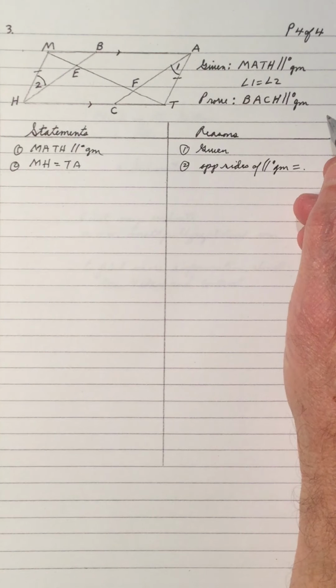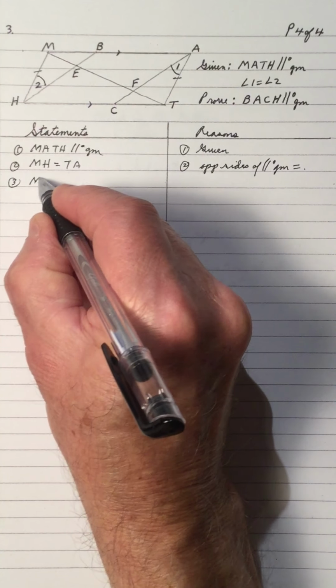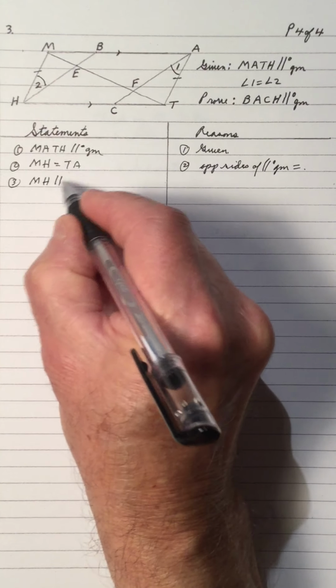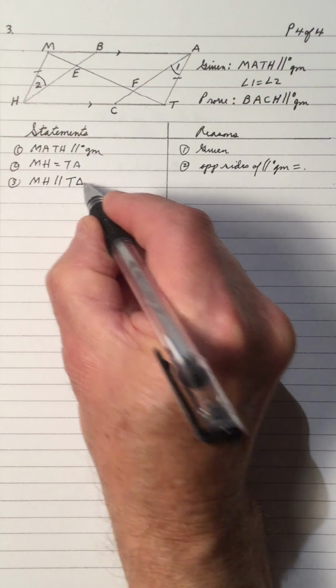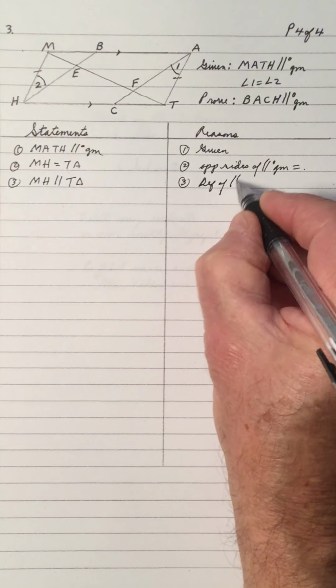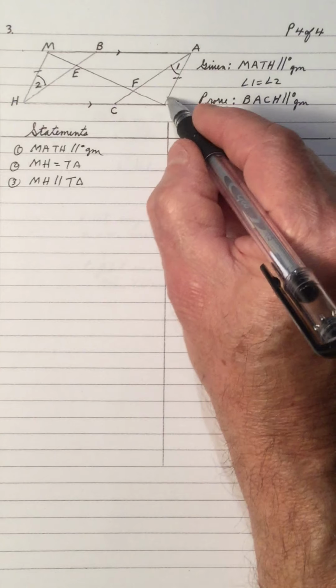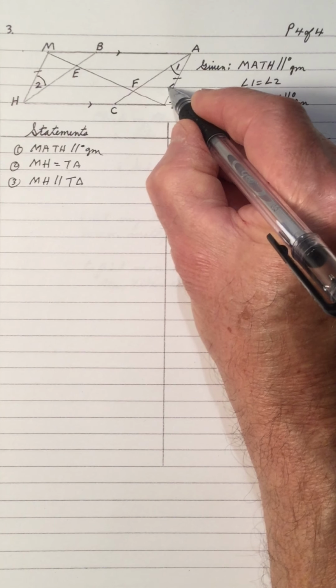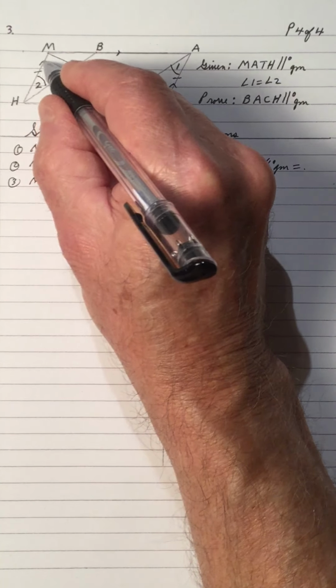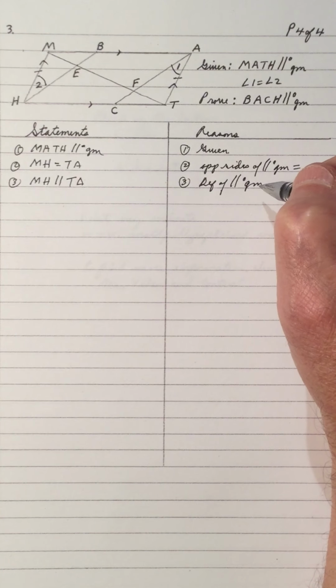Now I also have, based on that, MH parallel to TA. That's by the definition of a parallelogram. So if this is a parallelogram, then this side is parallel to this side. Opposite sides are parallel.